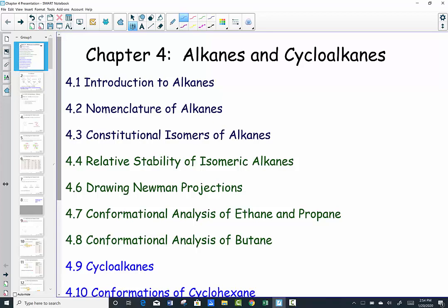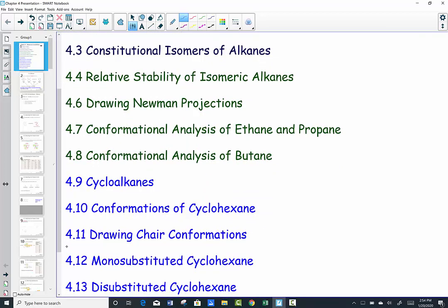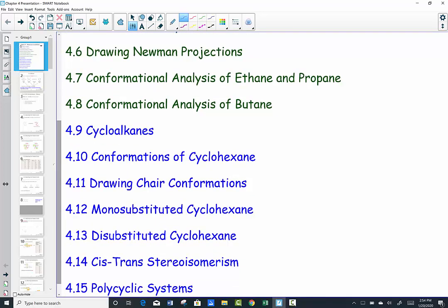Draw Newman projections. We'll perform a conformational analysis of ethane, propane, butane, as well as cyclohexane. We'll draw chair conformations of these cyclic structures. We'll look specifically at the axial and equatorial bonds of the cyclohexane. If it is monosubstituted, which one is the most stable conformation?